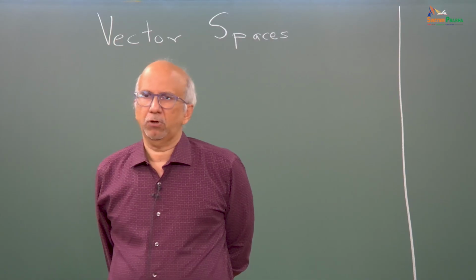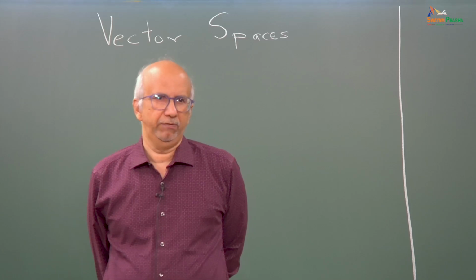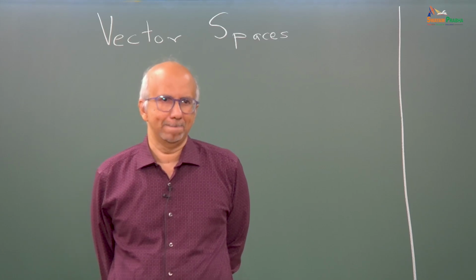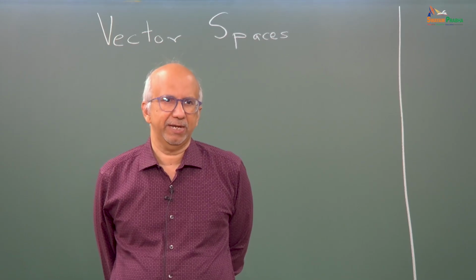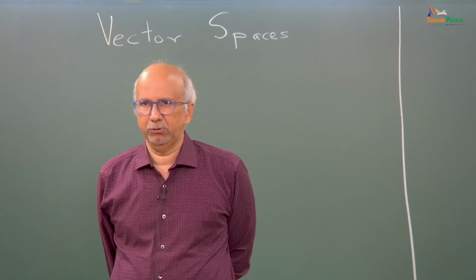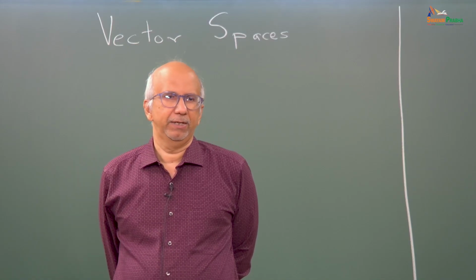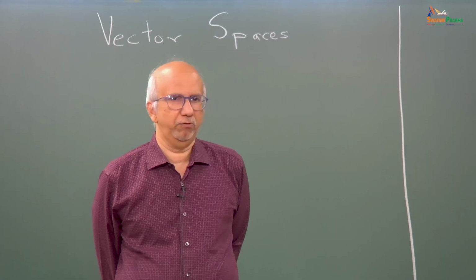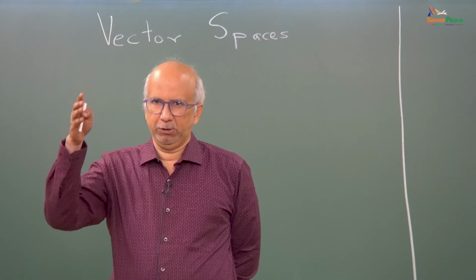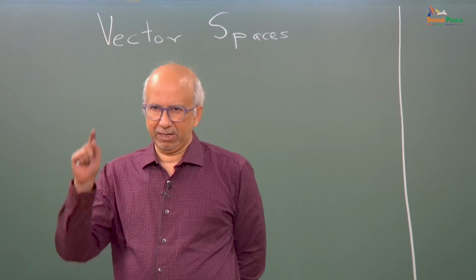Now, when you talk about vectors, most of you are familiar with them. In physics, you have thought about vectors as having both magnitude and direction. And in mathematics, people talk about vectors as a structured array, a one dimensional array with elements.